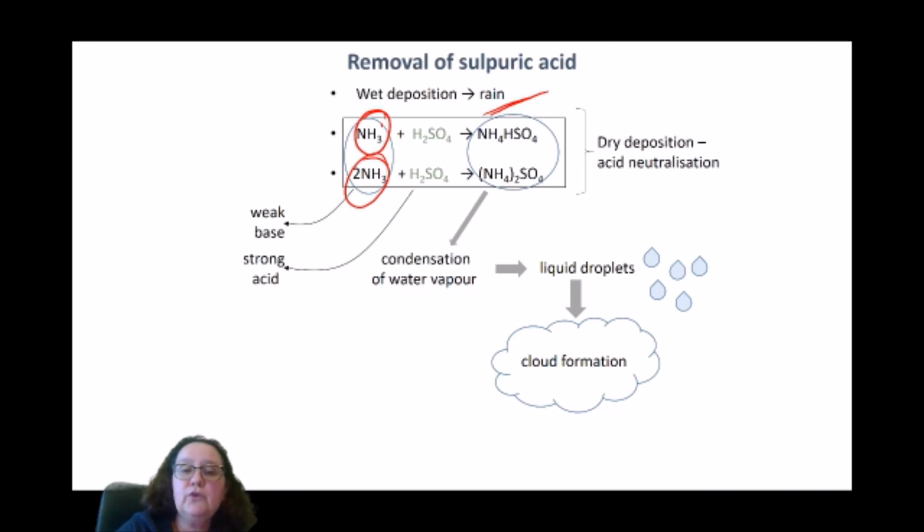It can form ammonium sulfate and ammonium hydrogen sulfate salts, which then help the condensation of water vapor and form clouds. And these ammonium salts are large enough that they themselves deposit without needing to be associated with water. They deposit on the surface of the ground. So you have wet deposition and also dry deposition.